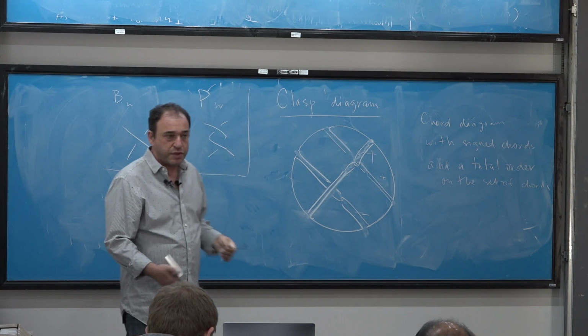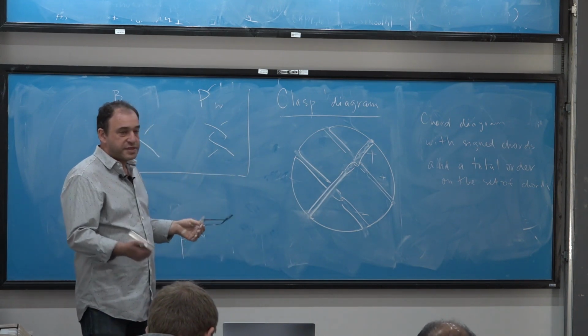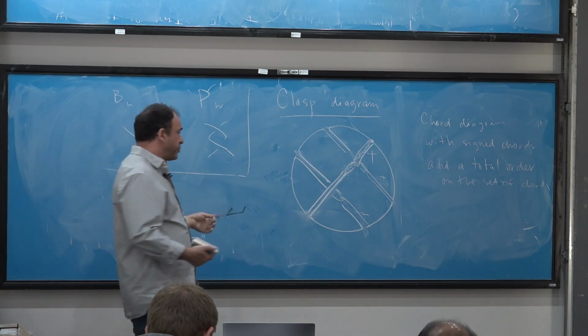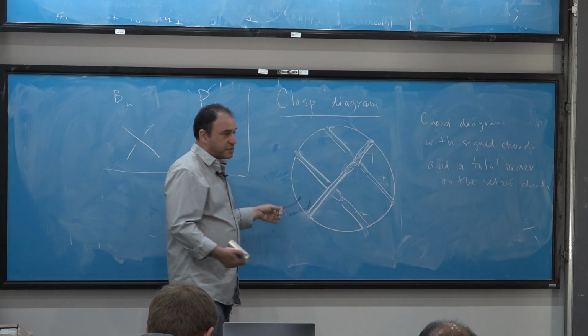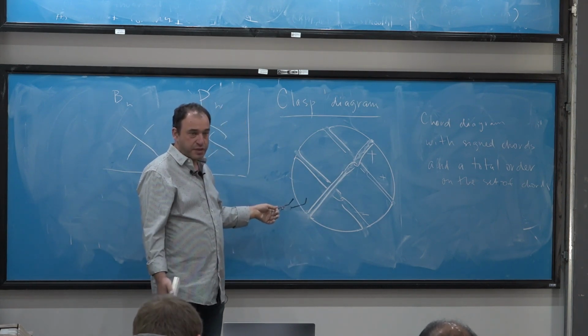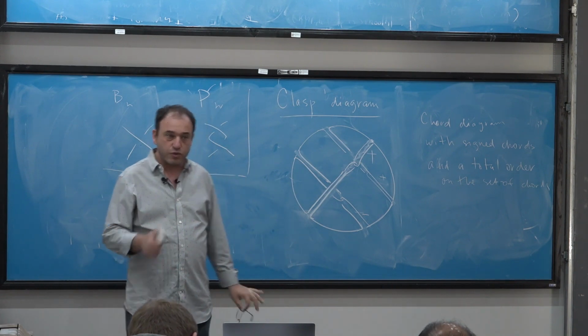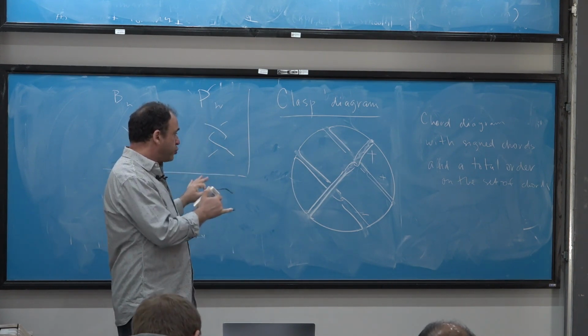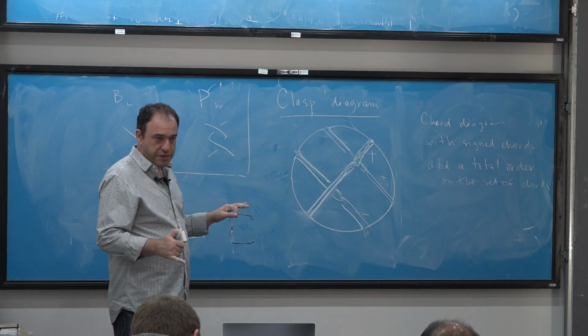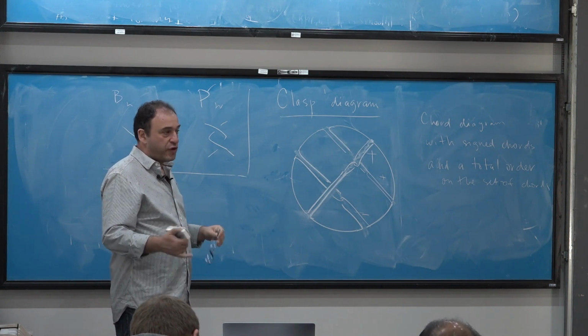So there is no notion of realizability. Every diagram always represents some knot, and that means immediately that it's a good tool to study the Vassiliev invariants. We're kind of halfway there.